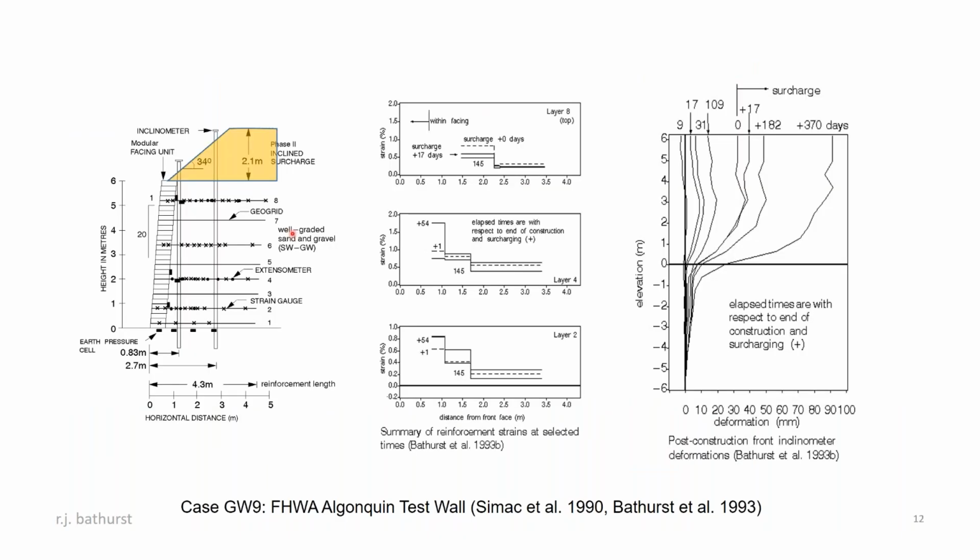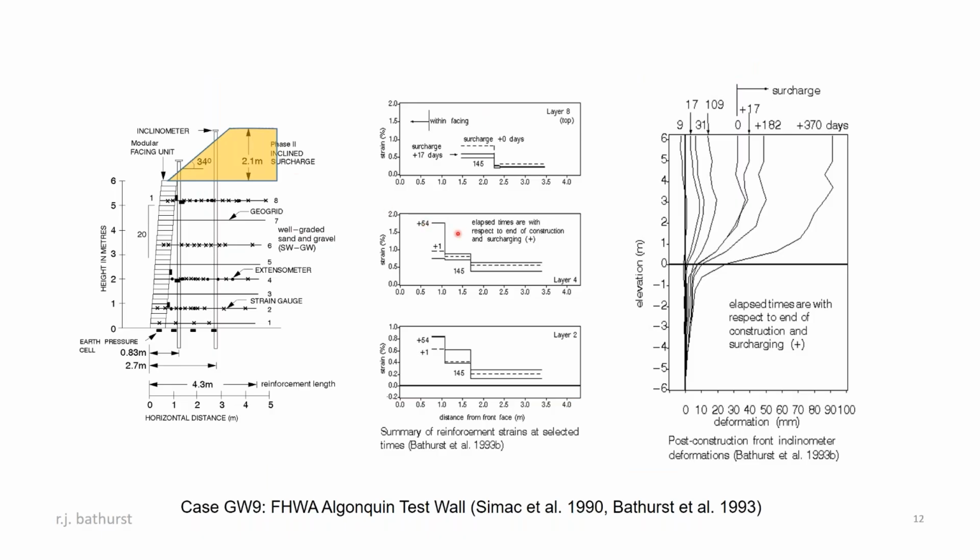And the data from this wall was particularly useful because the wall was actually designed so that when it was completed to the crest, according to current practice at that time, the factor of safety against overstressing of the reinforcement was 1. So then the wall was subsequently surcharged in order to encourage the wall to misbehave. In other words, to have a factor of safety less than 1 during surcharging.